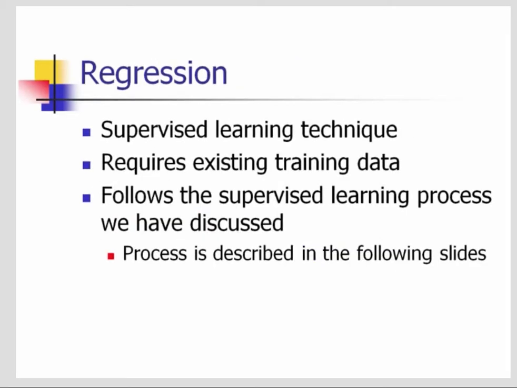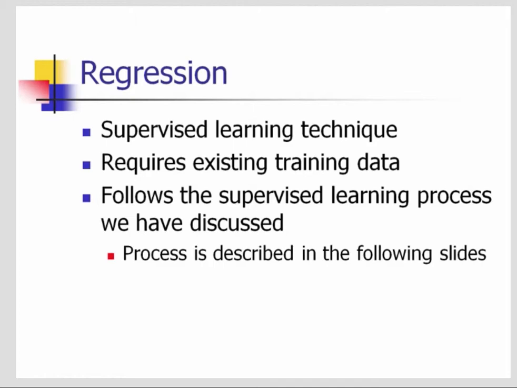So to summarize a bit, regression is a supervised learning technique. It does require an existing training dataset. So that needs to be data that has a predictable attribute already filled in and follows the supervised learning process, which we have discussed.